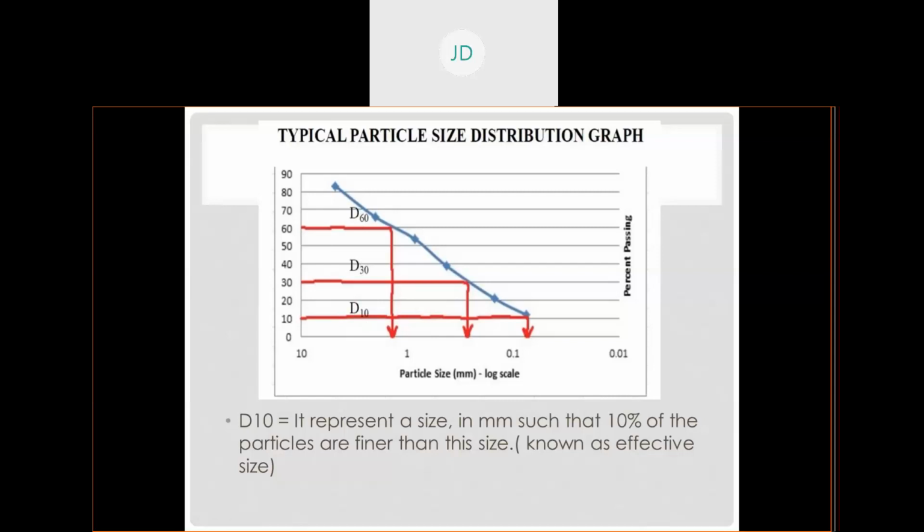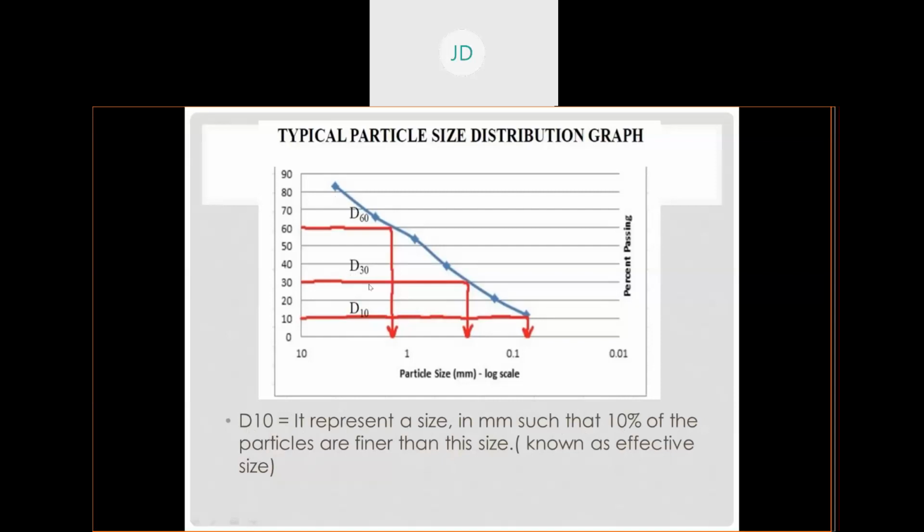Now 60, 30, 10 represent percentages. Here you can see the definition of D10. It represents a size in millimeter such that 10% of particles are finer than that size, and it is also known as effective size. Similarly, we can give the definition of D30, D50.